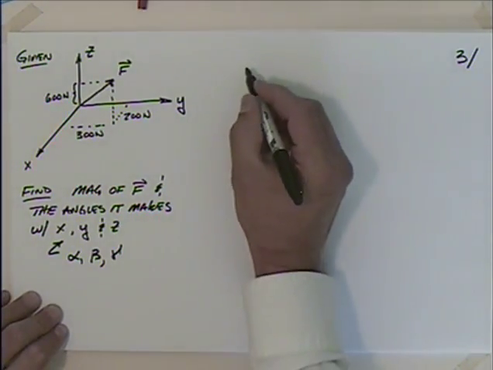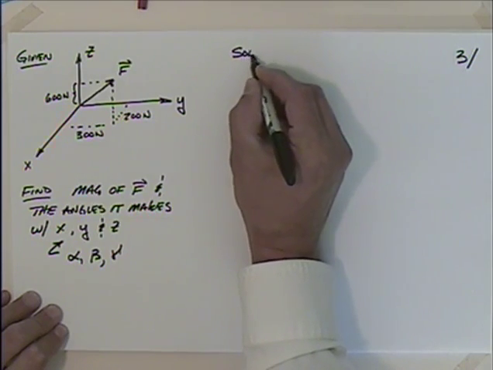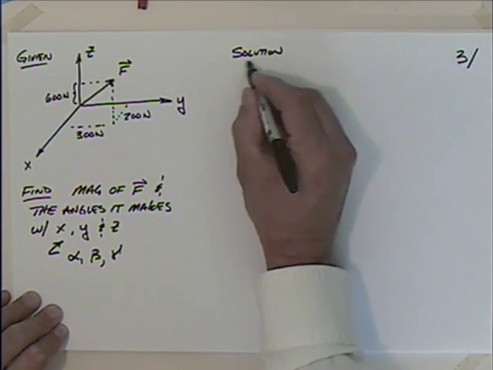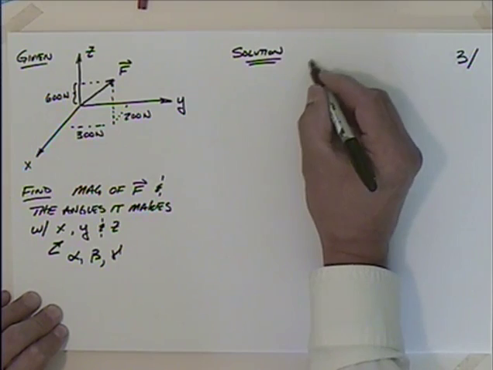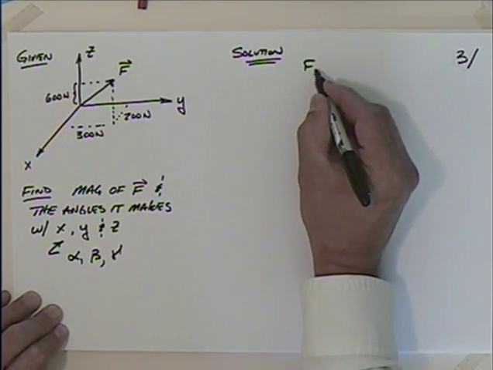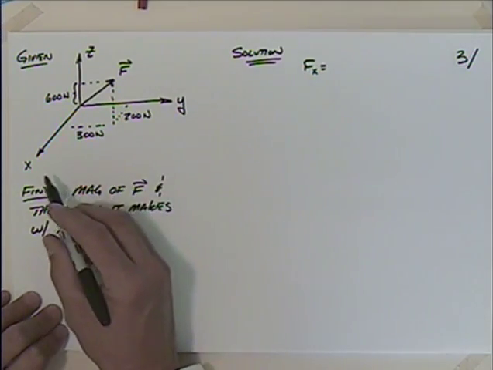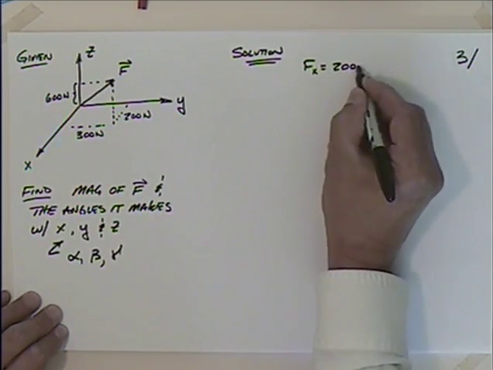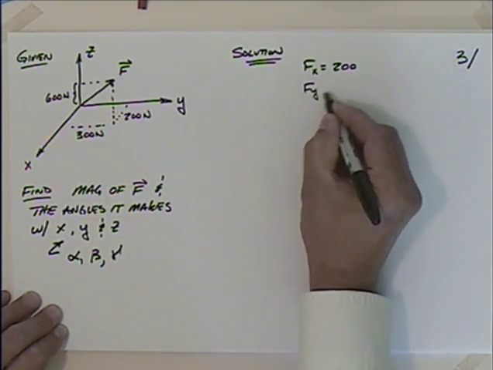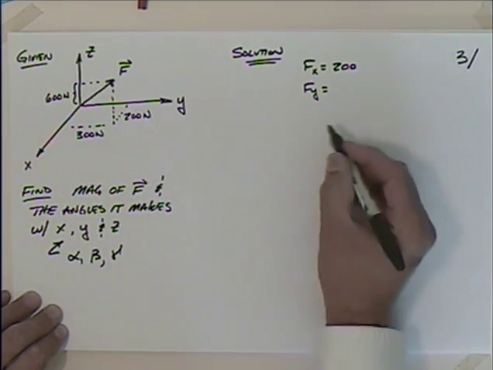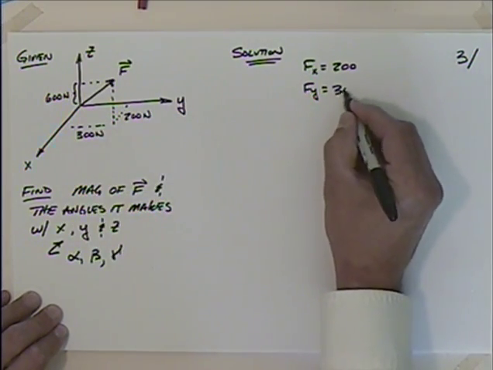So our solution here is we've got Fx, the magnitude Fx, that's what? 200 newtons. Fy, that's what? 300 newtons.